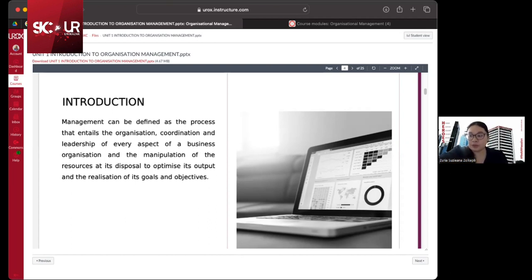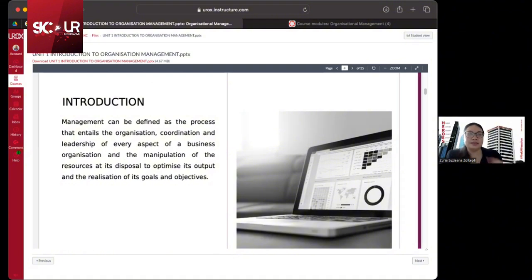Okay, so the third thing is it needs structure. Mesti ada structure, and it must have a systematic way of doing things. That's why we have leadership, that's why we have departments.